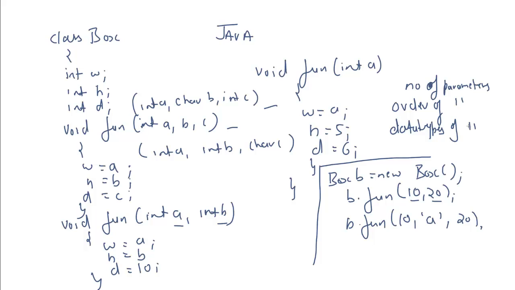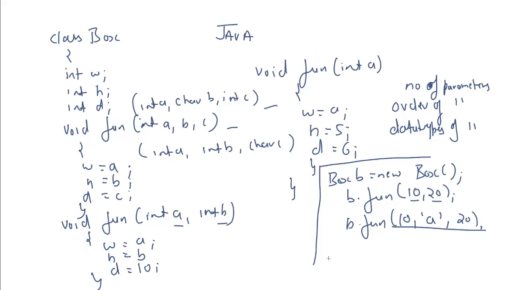Okay, so clear with this, right? But the return type will not play any role in the deciding criteria for the overloaded method. The reason is, irrespective of what the method returns, the deciding criteria will always depend upon the arguments itself. Whatever you pass, that decides which method is going to be invoked.